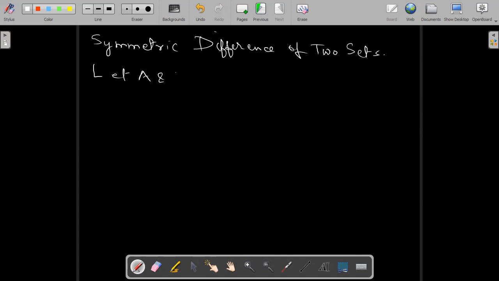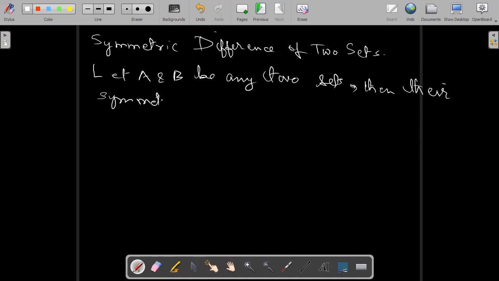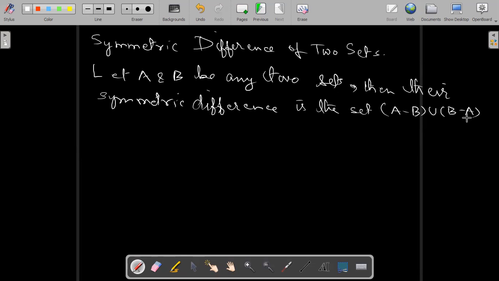If you have two sets, let A and B be any two sets, then their symmetric difference is the set A minus B, first you will find A minus B, the left portion, union B minus A. So the union of both portions.